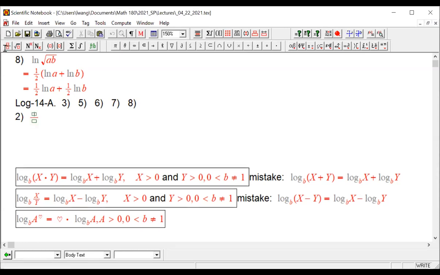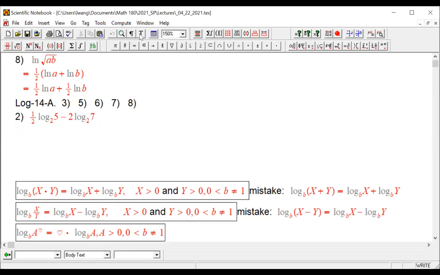Number 2, we have half log base 2 of 5 minus 2 times log base 2 of 7. We cannot use the quotient rule right away, because to use the quotient rule, we should not have any other number in front of the logarithm but 1.